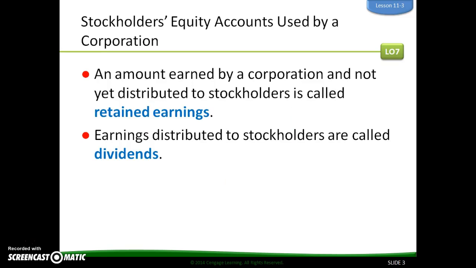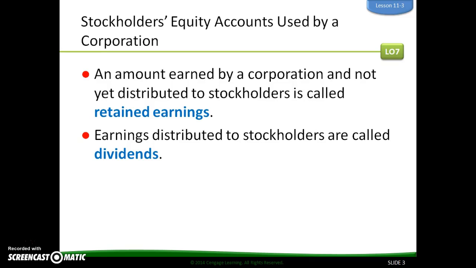Okay, so as you think about some of the vocabulary in this particular lesson, retained earnings and dividends are pretty common. So when a company has profit, this is the amount that's earned by the corporation, and if it stays in the corporation, it's retained earnings.